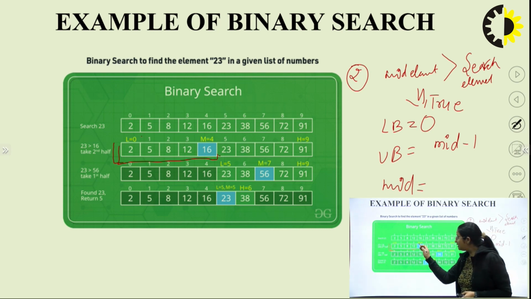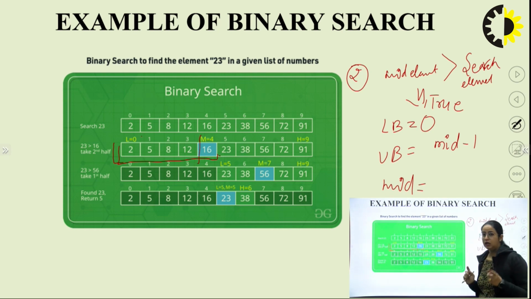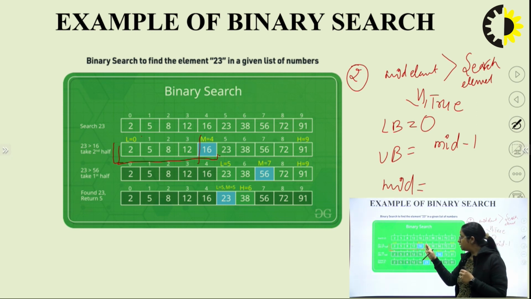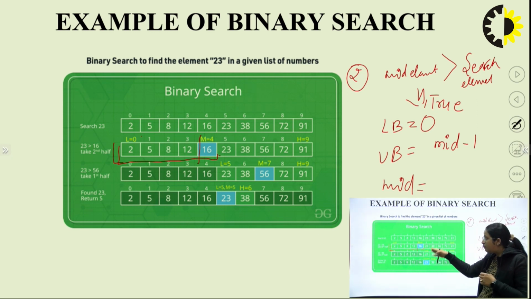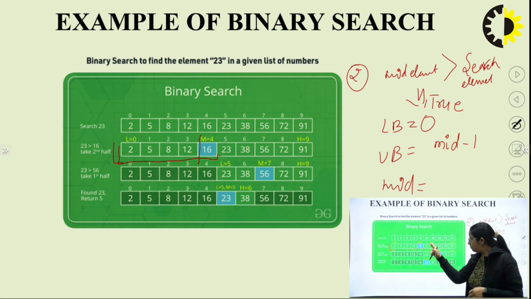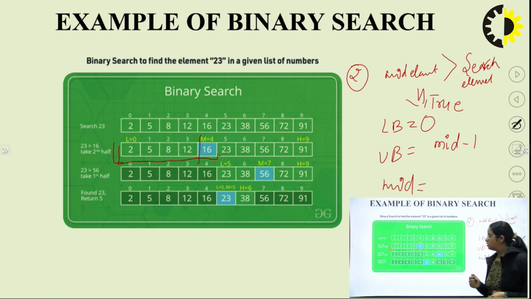Because now we are taking this particular array, and we know that our element is not present in the other part, because the element is smaller than the mid. That's why we are checking the elements in this particular array. So the new upper bound must be mid minus 1. We know the mid element position is 4, and minus 1, that is 3.